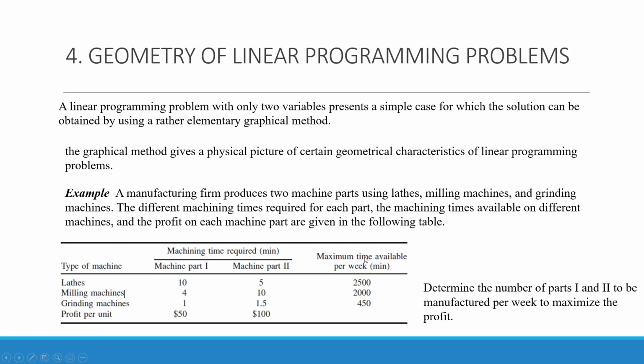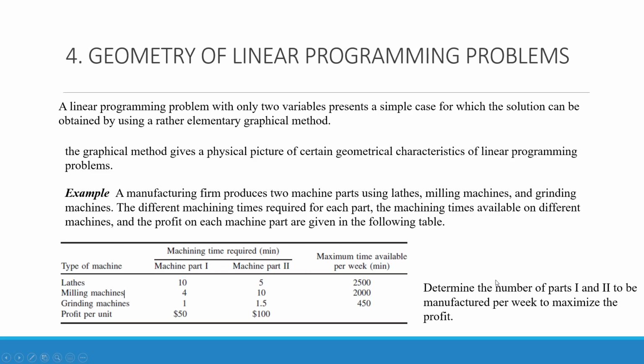This column shows the maximum time available per week on each machine, and at the end we can see the profit each part creates: for machine part 1 we can create 50, and for the other one 100, per minute.